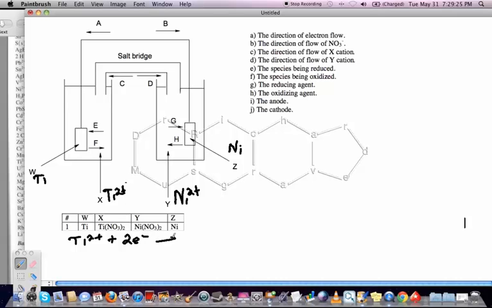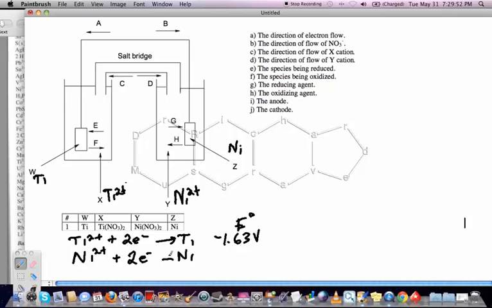Now I'm just going to write these down as reductions to begin with. And so these are E0 values that we're looking at. Now we're going to find the relevant one for nickel, which I know is going to be nickel 2+ plus 2 electrons gives nickel. Incidentally, I can figure out the number of electrons involved.